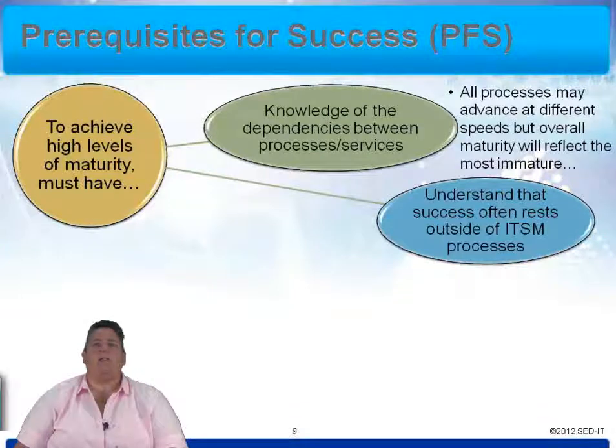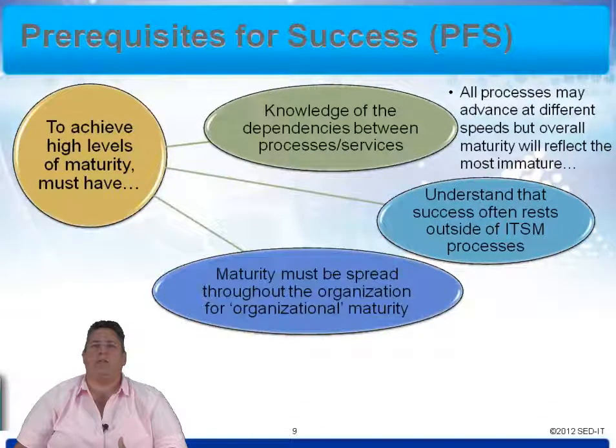Understand that success often rests outside of IT service management processes, that we may need other events to occur or to be in place. In other words, empowerment and authority from leadership, so that we can be successful within our service management processes. Maturity also must be spread throughout the organization to actually get the title organizational maturity.